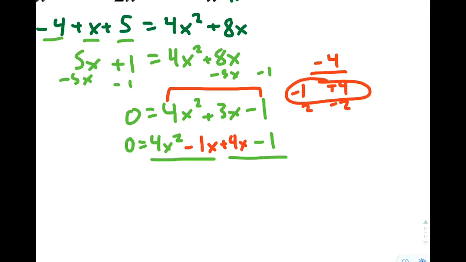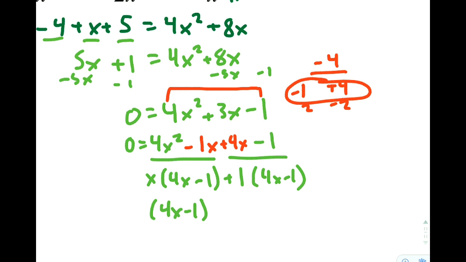So we have an x in common that we're going to pull out front, leaving us with 4x minus 1. Over here we have nothing in common, so we're going to put a 1 out front and do 4x minus 1. Since the groups are the same, we take the 4x minus 1 out front and the x plus 1, the leftovers, as a group.